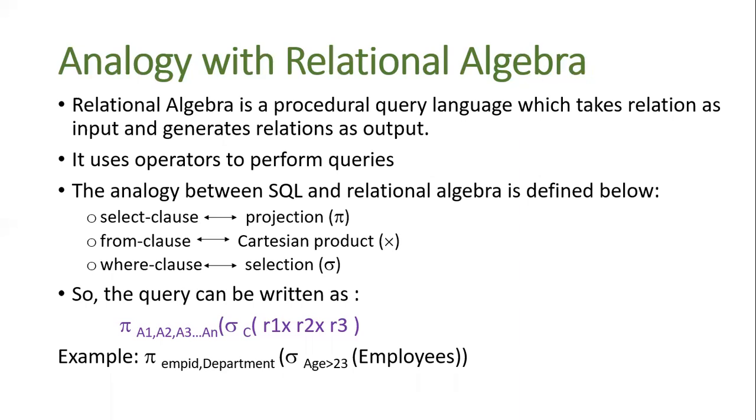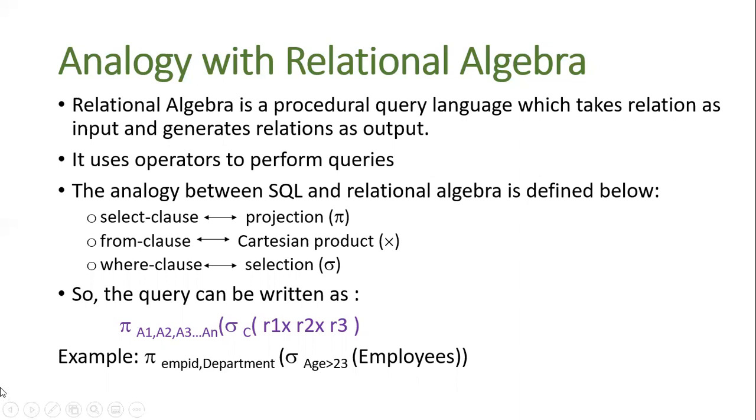In the same way, in the relational algebra, we have projection, which is similar to select. We have Cartesian product, which is similar to from clause, and we have selection. As the name itself suggests, we will have it in correspondence of where clause.